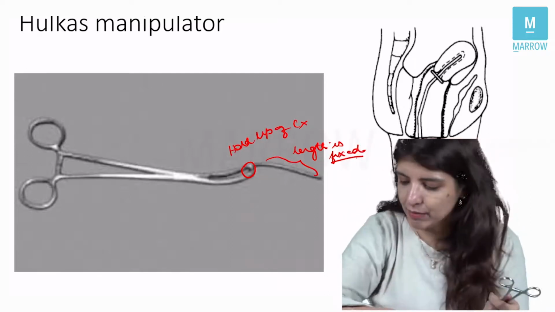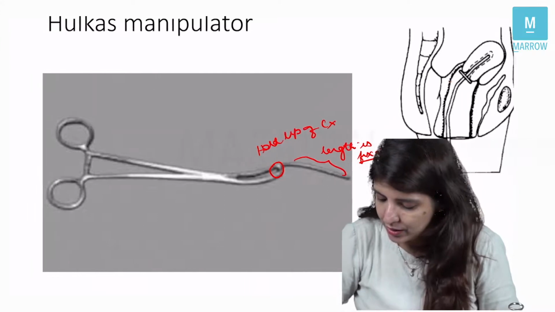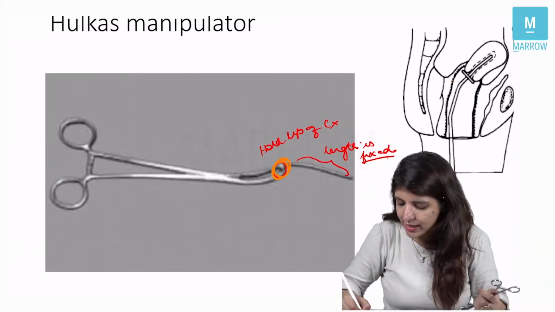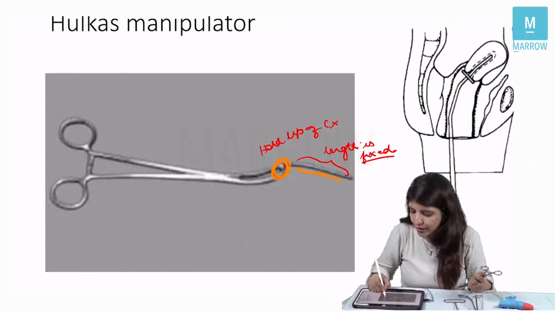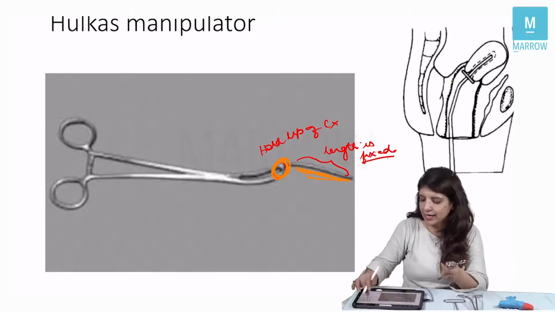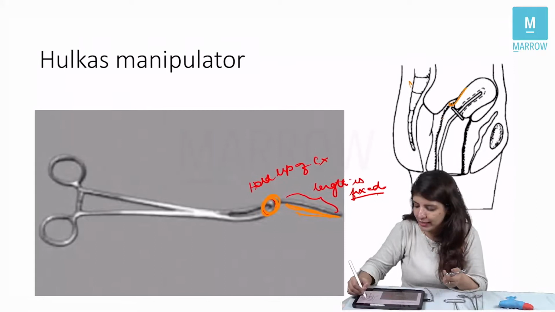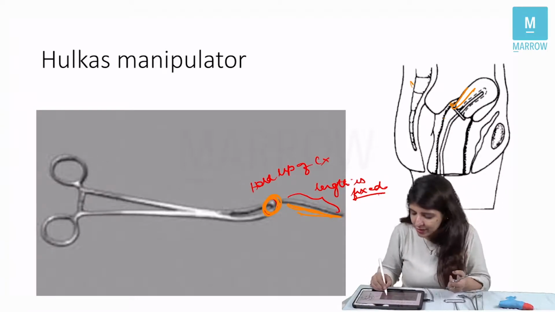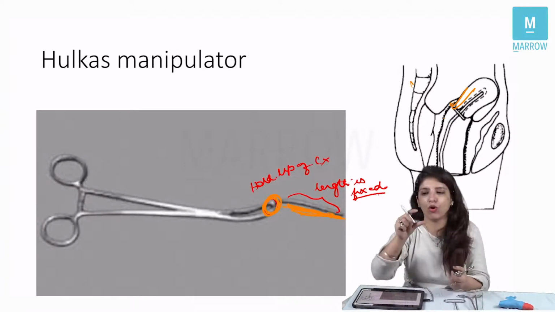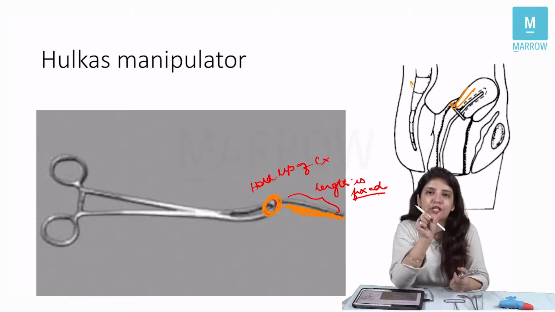So you can see the image over here. This end is going to hold the lip of the cervix, and this is going to go inside the uterus and manipulate it during surgeries. Now, there is a problem with this also, because the length of the rod is fixed.